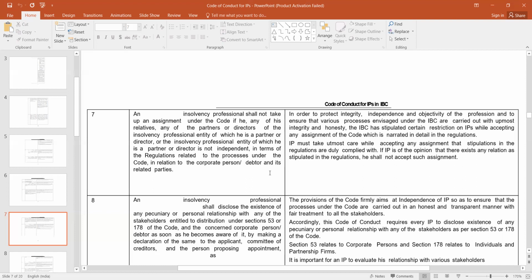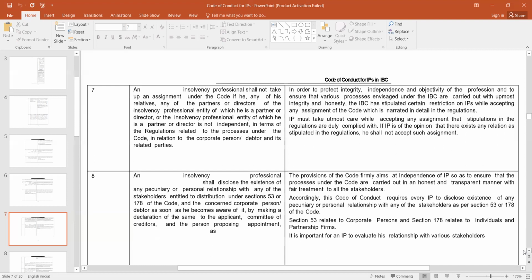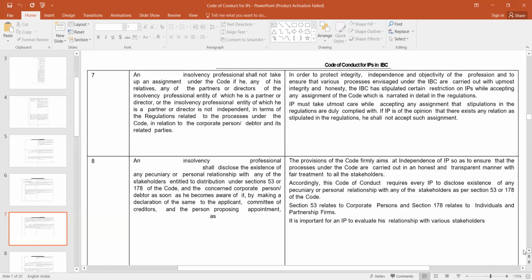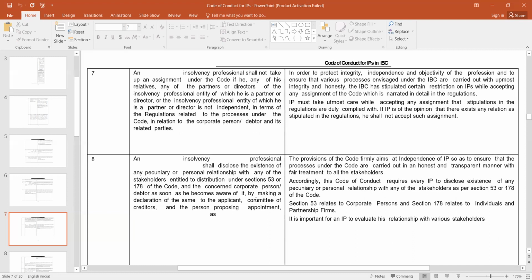Next point is, you have to disclose the existence of any pecuniary or personal relationship with any of the stakeholders. Suppose you have taken a loan from a director because the director is having some independent business also.